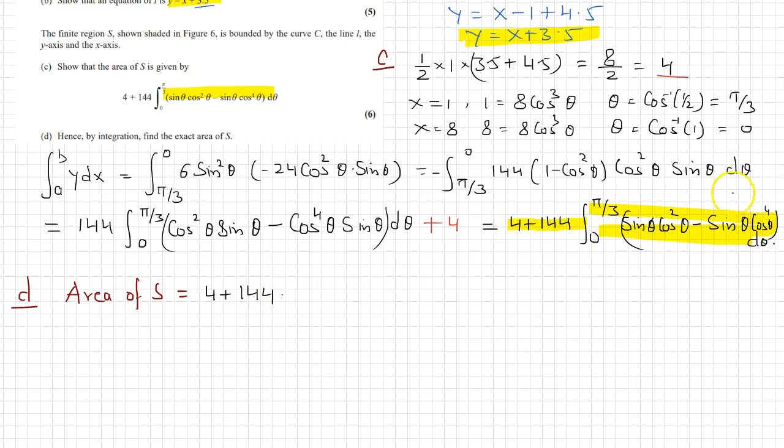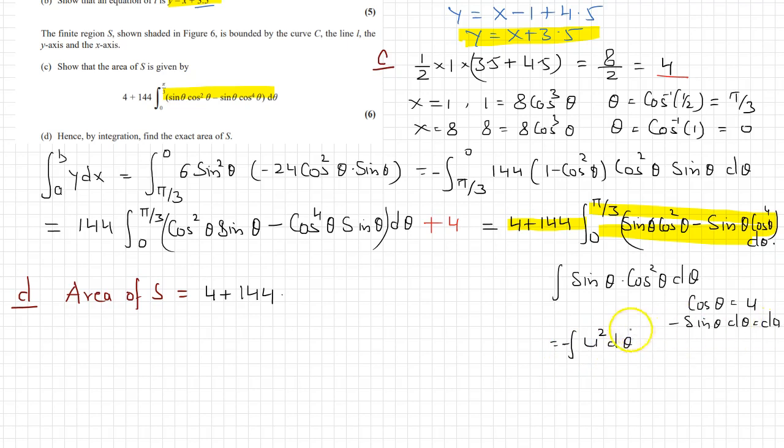Now let's find the integral of sine theta cos square theta d theta. Let cos theta be u, so minus sine theta d theta is du. So this will be equal to minus u square du.